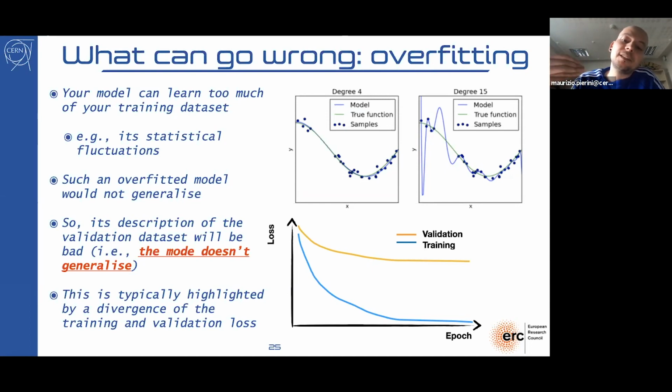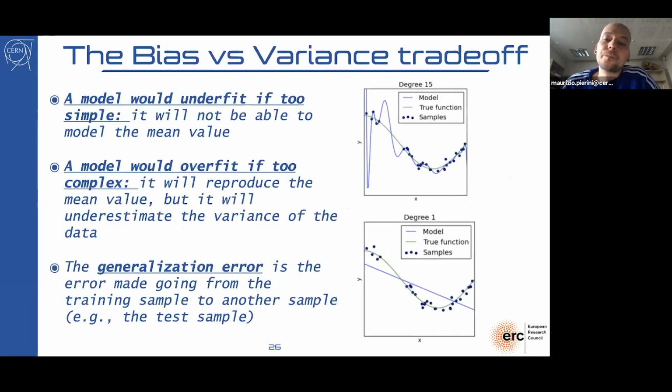But then the validation data set will not follow because the validation data set comes with its own statistical fluctuations, and the fluctuation pattern is different, and then you will just not decrease. In this case, what one says is that you're overfitting. So you don't want to underfit, you don't want to overfit, you want to stay in the middle. So you would like to see that the orange and the blue curves go down together. And this is a little bit how you find the bias in the two things.